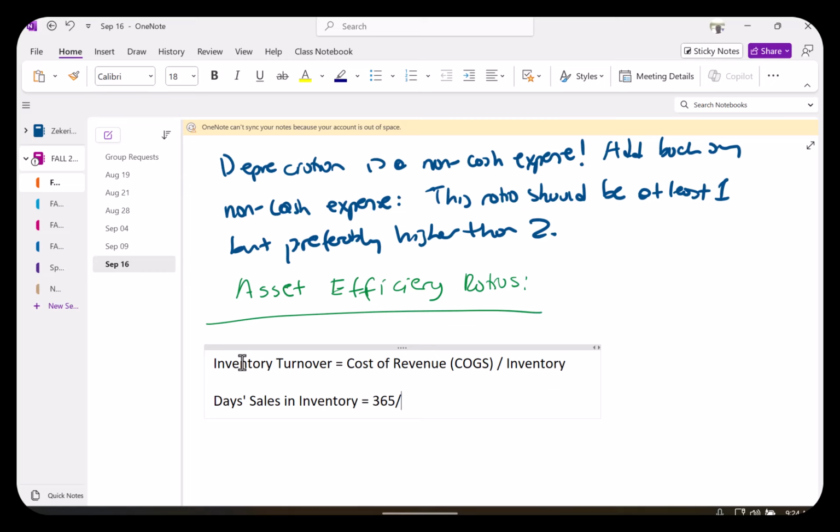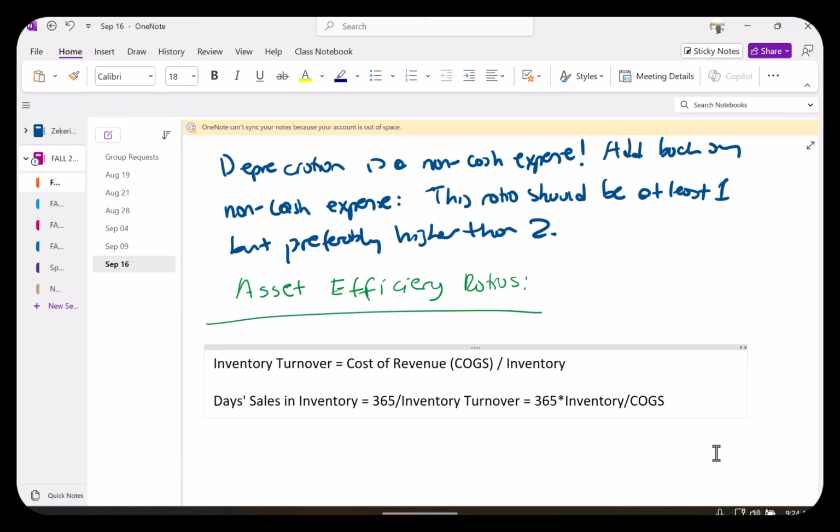365 divided by inventory turnover. You can think of that as 365 times inventory divided by cost of goods sold. Whichever one is more convenient for you.